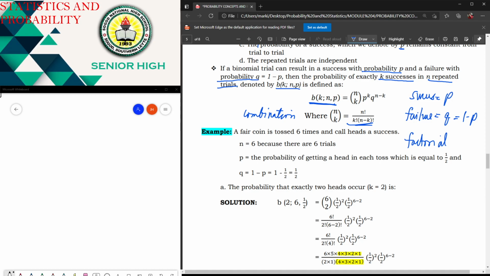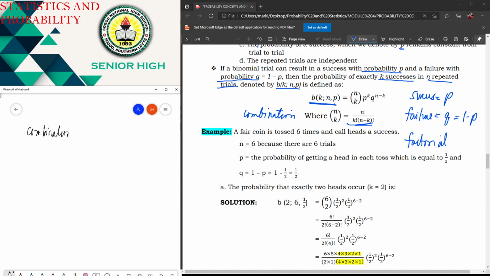Let's recall factorials. For example, 8 factorial is equivalent to 8 times 7 times 6 times 5 times 4 times 3 times 2 times 1. The same thing with 5 factorial: 5 times 4 times 3 times 2 times 1.